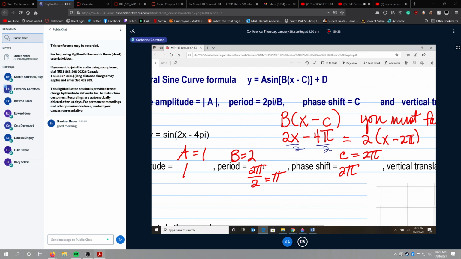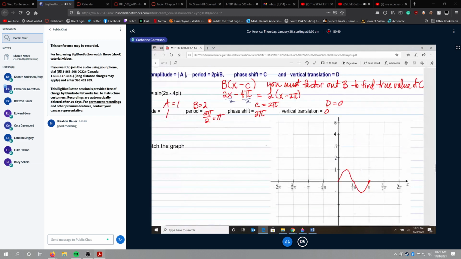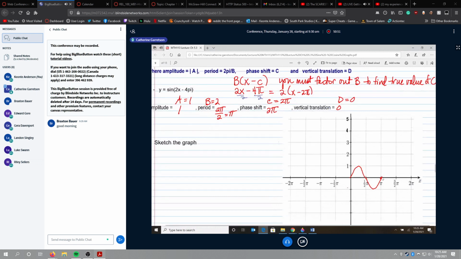The new period, we take the standard period 2 pi and divide it by that coefficient of x, which was 2, cancel out the 2's, and we got pi. So basically, this goes up 1 and down 1, but it shifted, and by shifting it 2 pi, it still looks the same. Most of the time, your phase shift might be something less, like pi over 2.